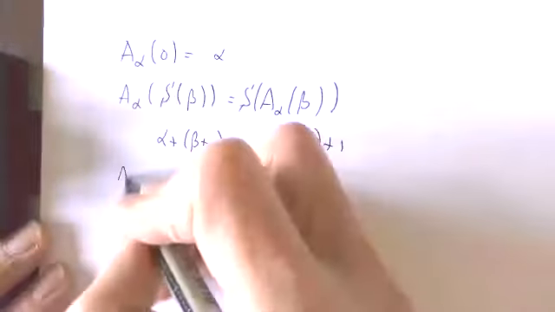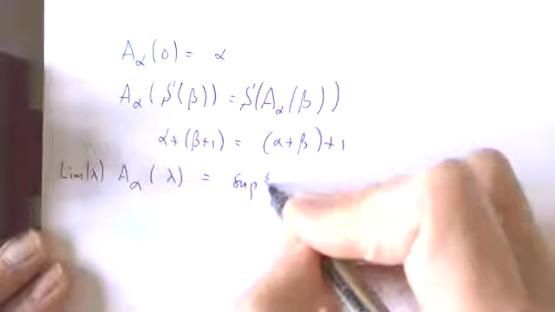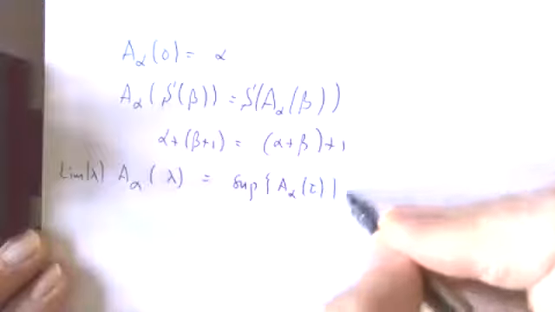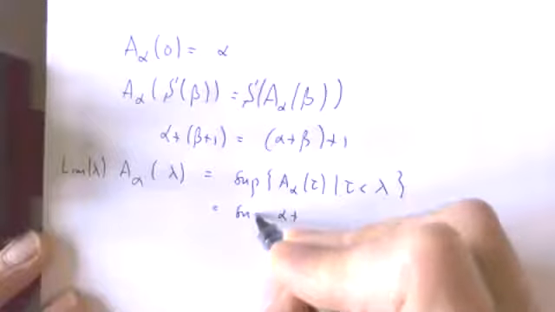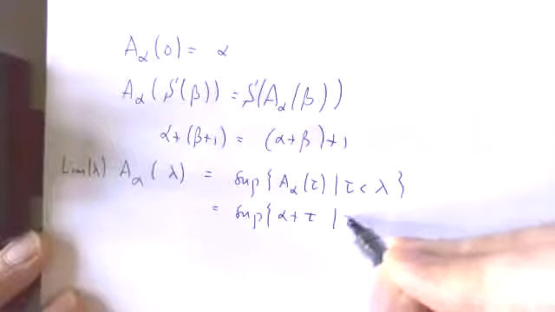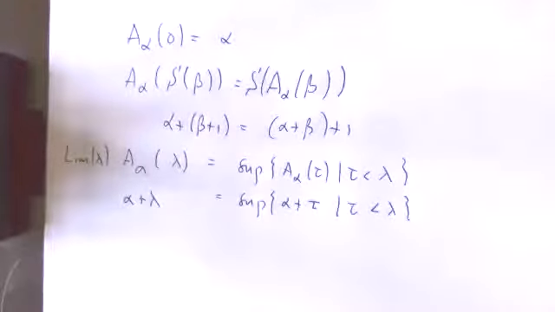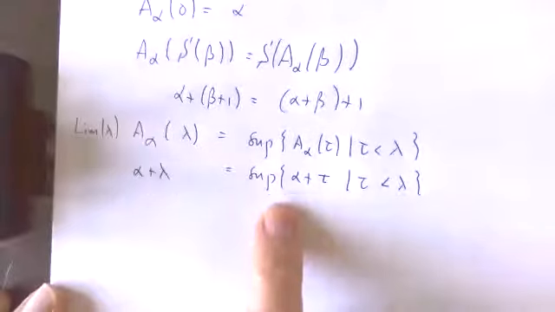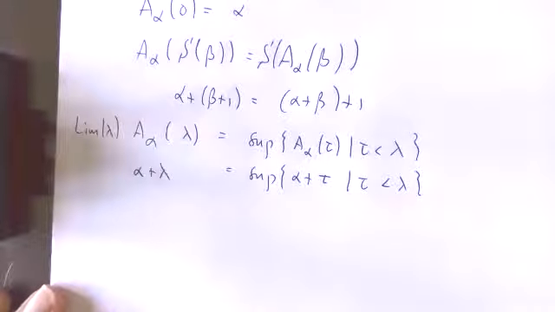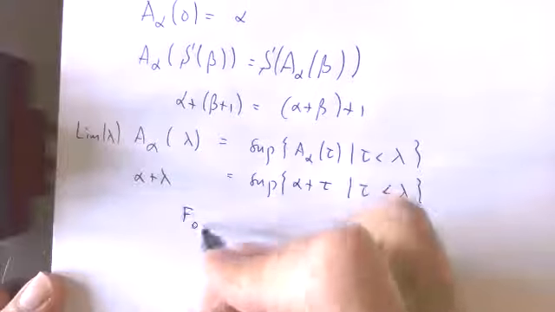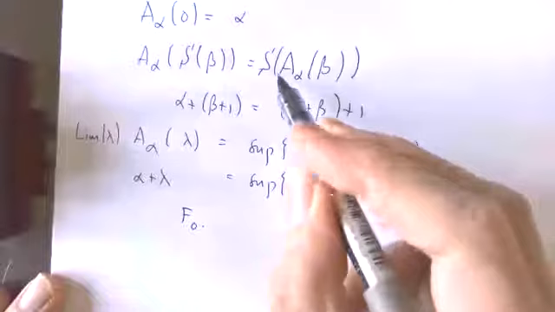And then in the limit case, this we define to be the supremum of the A alpha tors for tor less than lambda. We agreed to write that as alpha plus lambda. So the idea in our recursion theorem, second form, is that f0 is just the successor function itself.